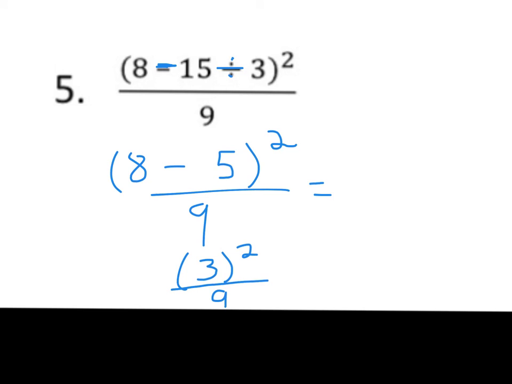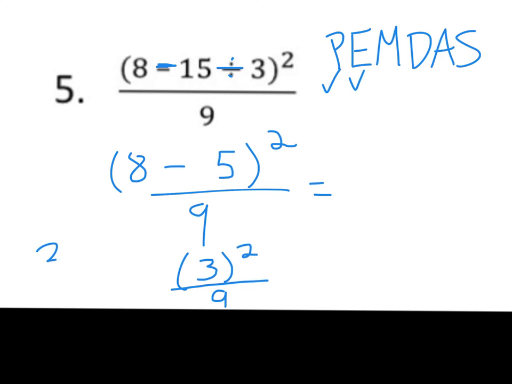Now, after parentheses, let's see, PEMDAS. What comes next? We did the parentheses. Next is exponents. Do we have any exponents here? Yes. The small 2 is an exponent, and the 3 is its base.